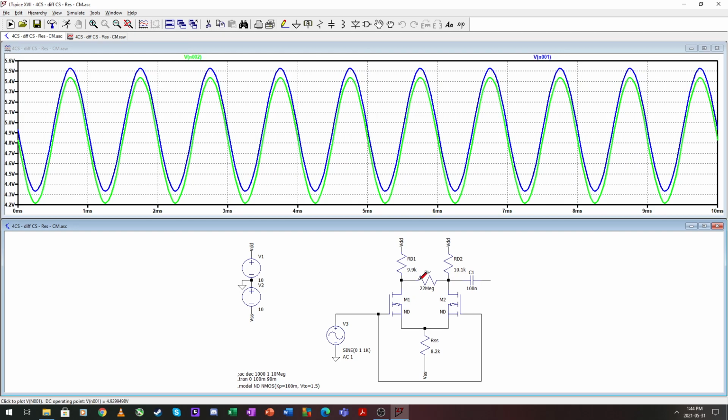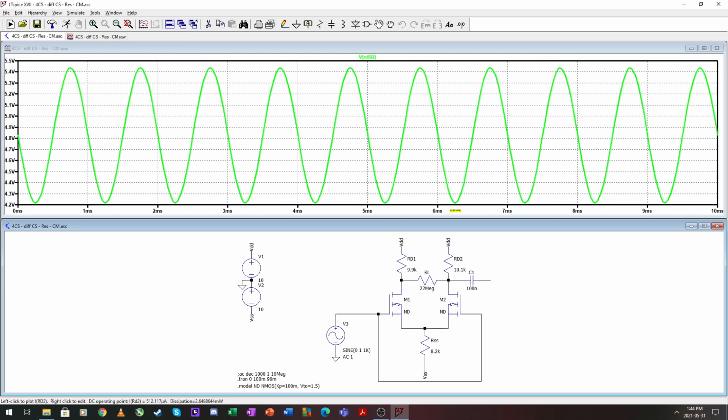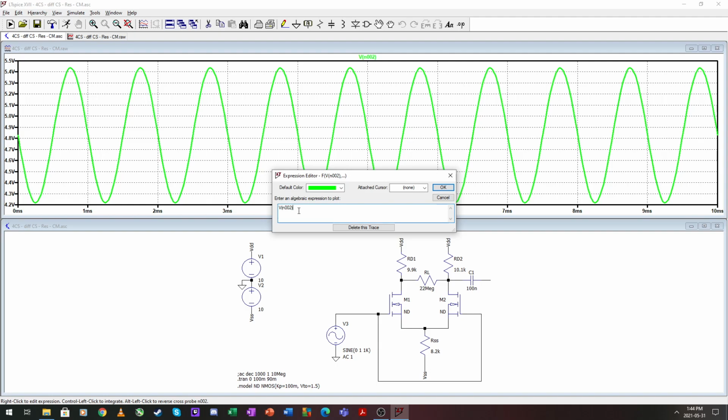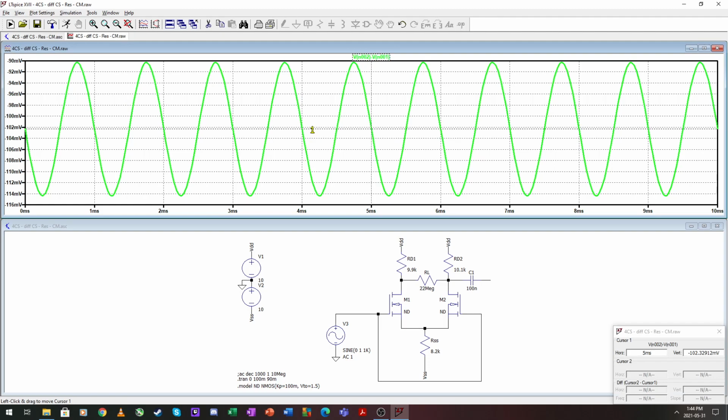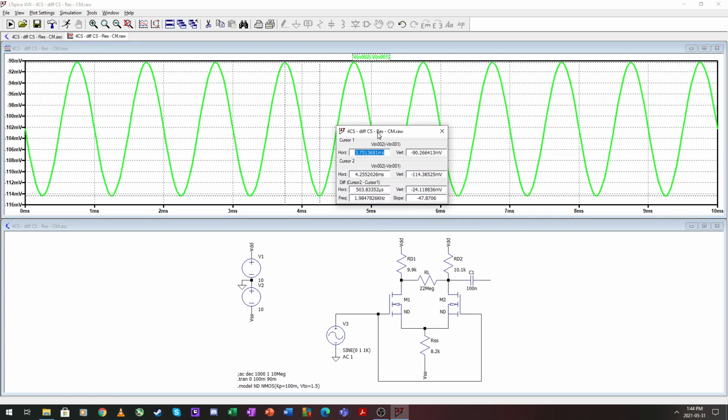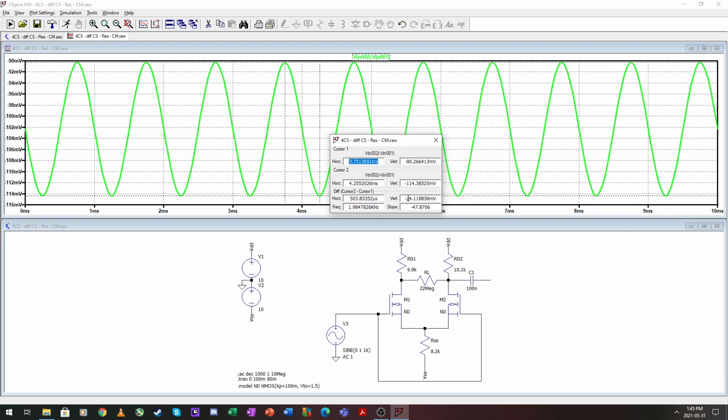Node 2, node 1, note the offset. If we subtract these two, we get an offset of 100 millivolts as predicted before, and now our common mode output here for a 1 volt signal is 24 millivolts.